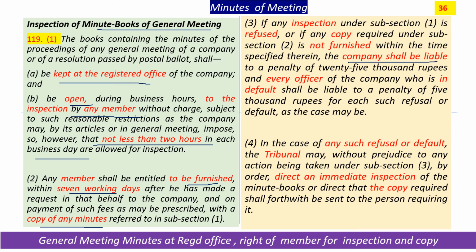If the company refuses to give it, it will be liable, and every officer in default also will be liable to penalty. And wherever there is a refusal or default, and if the tribunal is approached, it can direct an immediate inspection of the minute books and order for a copy to be given to the concerned person.